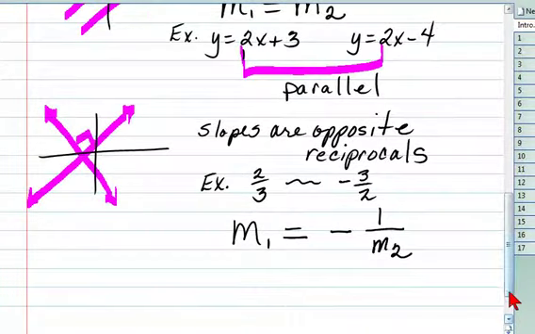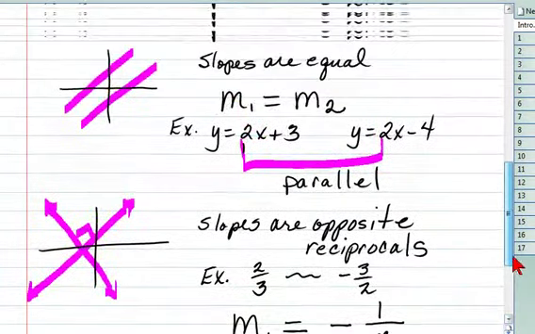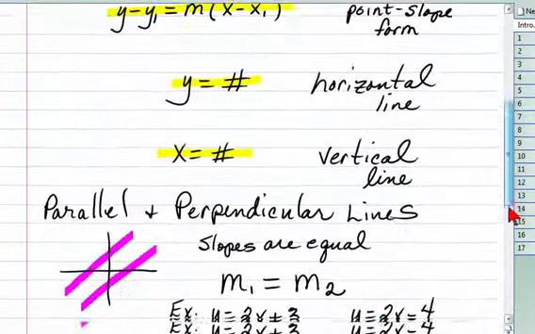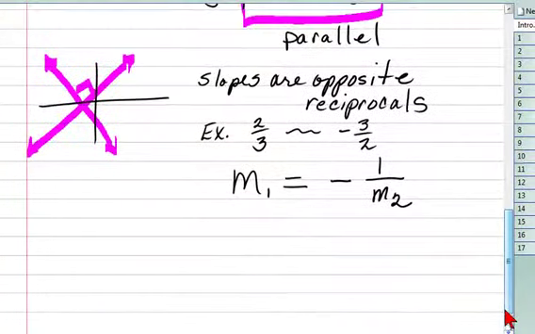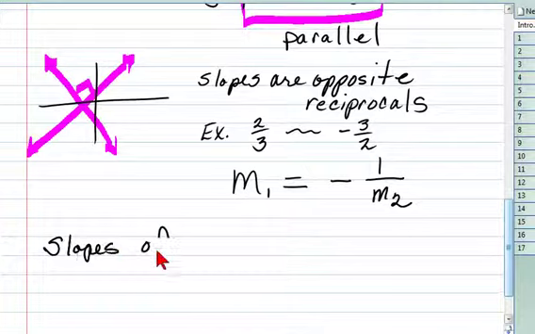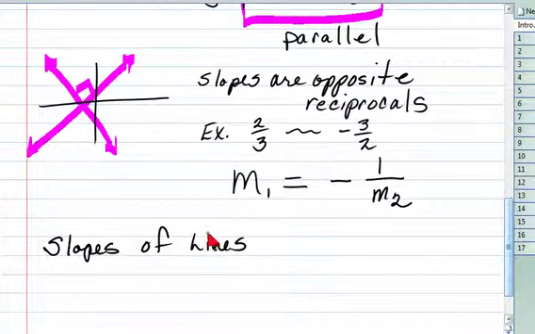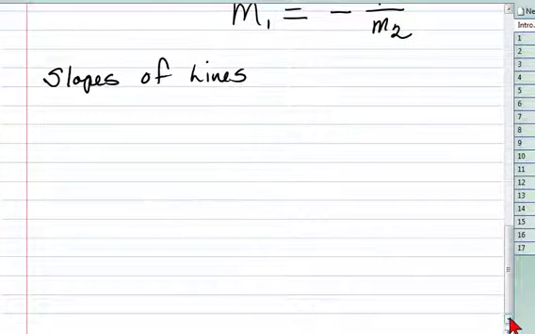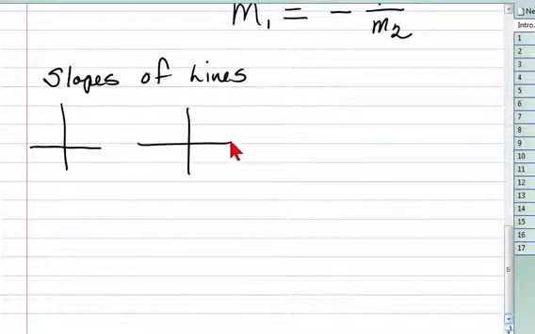Okay, I want to say just a couple of other little things. This is a lot of just information, and all of this, except for the pictures, is really on your blue sheet. Okay, a couple of other things. Slopes of lines. The slope of a line is a critical piece of information about the line. And there are 4 different kinds of slopes that can occur.